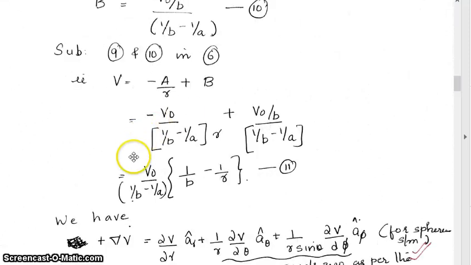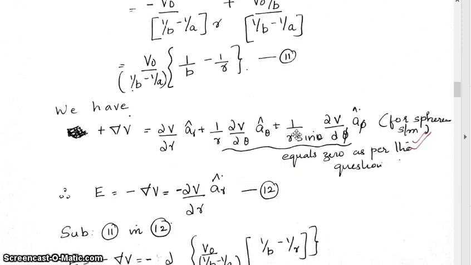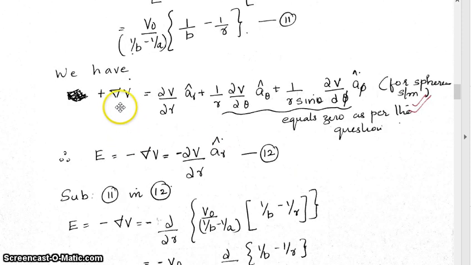So when I substitute it, I will finally get v is equal to v0 by (1 by b minus 1 by a), the whole into (1 by b minus 1 by r), which is equation 11. Now for a spherical system, del v is equal to dou v by dou r ar plus 1 by r dou v by dou theta a theta plus 1 by r sin theta dou v by dou phi a phi.